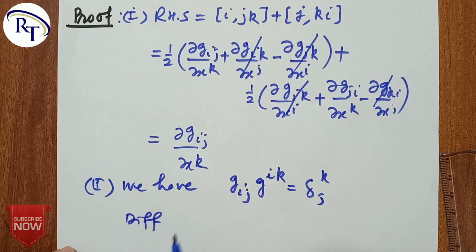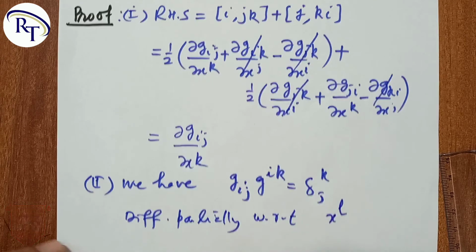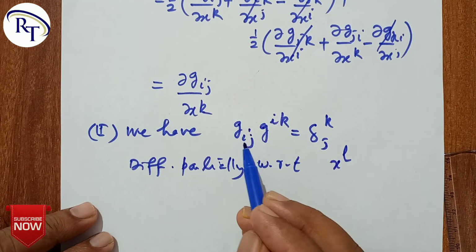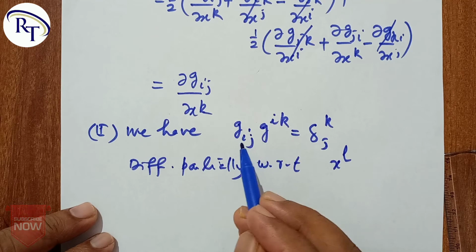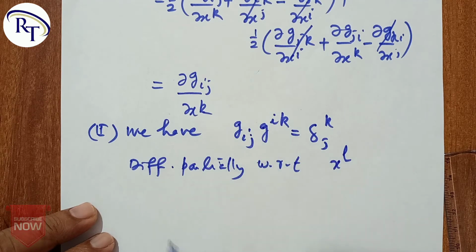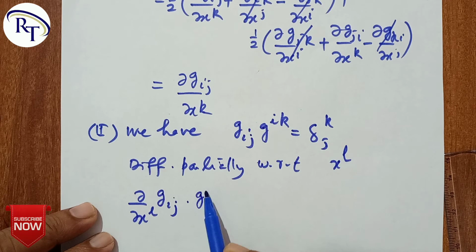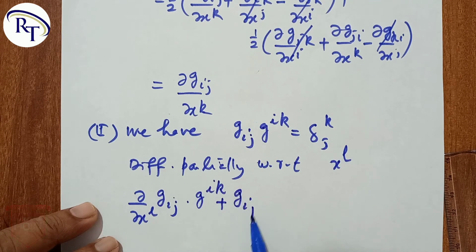On the left-hand side there is a product of two functions, so we differentiate the first keeping the second as it is, plus the second keeping the first as it is.